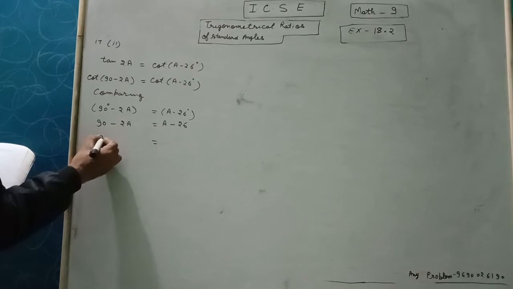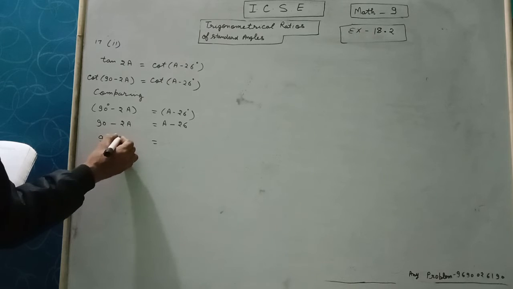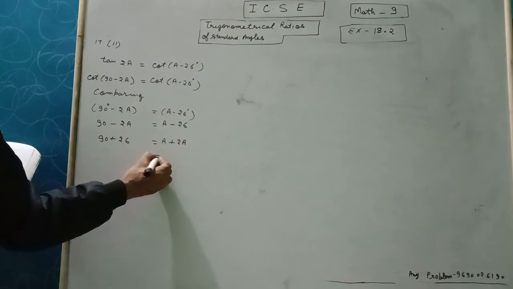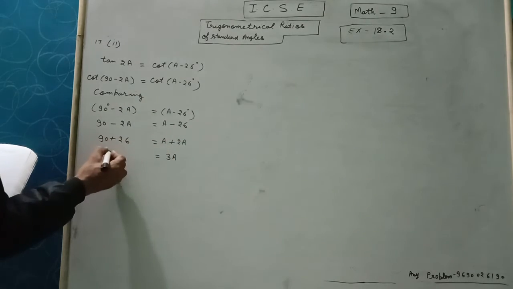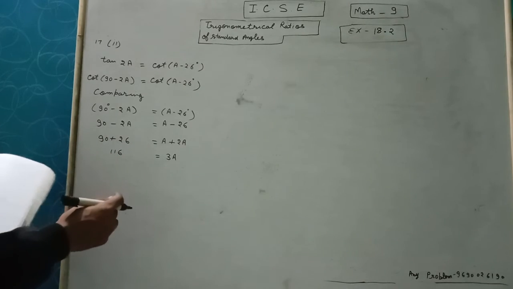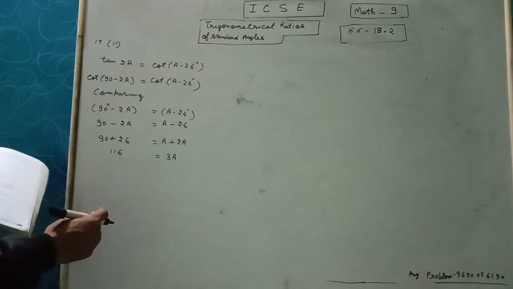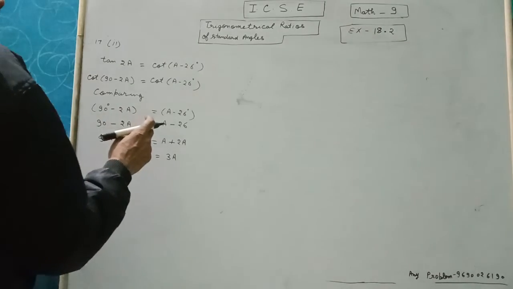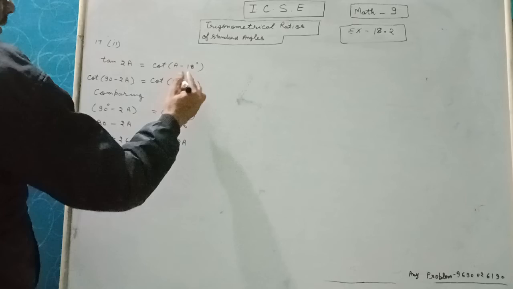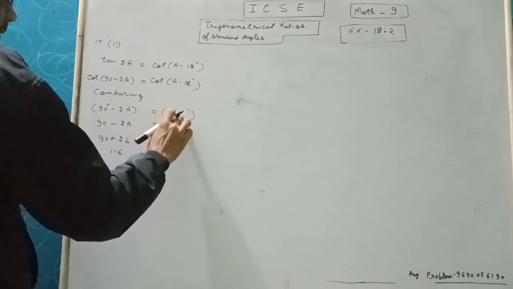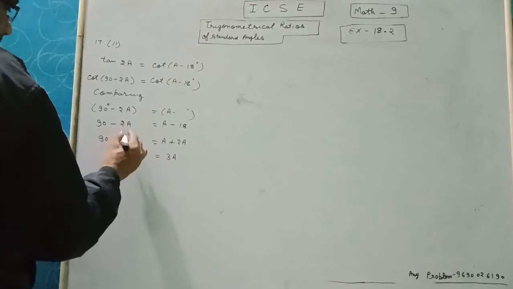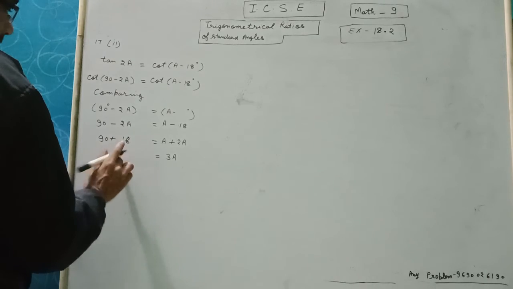Interchanging the left and right: 90 plus 26, a plus 2a, after plus 3a and 116. Note, a minus 26 is actually a minus 18, so 18 in place of 26, giving 108.